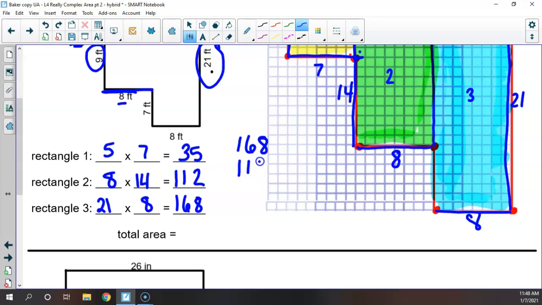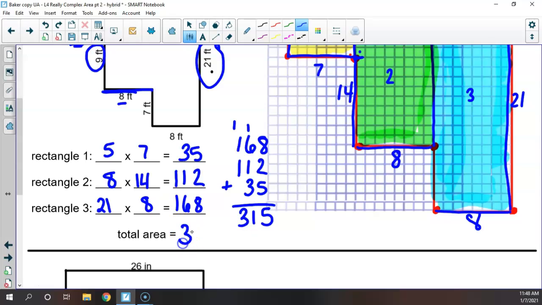168, 112. Whoops. I got ahead of myself. I'm not done yet. 112 and then 35. So adding those together, 8 plus 2 is 10, plus 5 is 15, carry the 1. 1 plus 6 is 7, plus 1 is 8, plus 3 is 11. 1 plus 1 plus 1, 3.